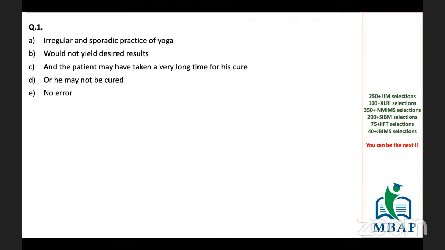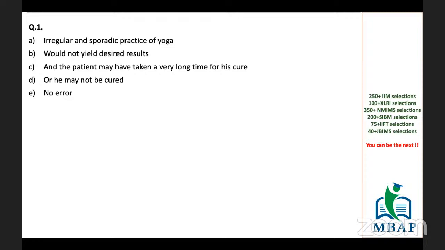It means you have to identify which sentence is grammatically incorrect. The error can be related to punctuation, tenses, parallel construction, modifiers or anything. One more thing: many a time there will be an option which says no error. That makes the question a little trickier. So without wasting any more time, let's start with our session.